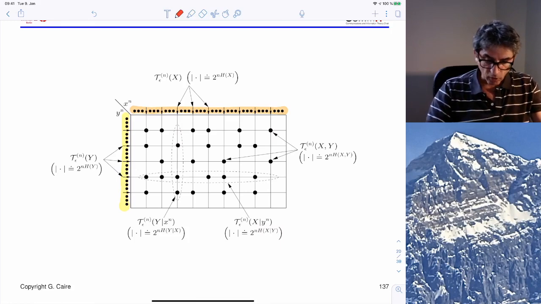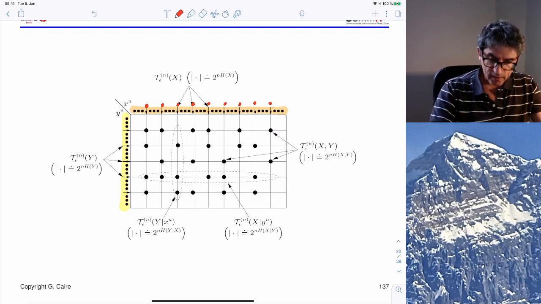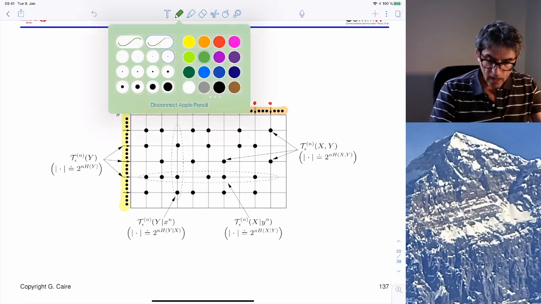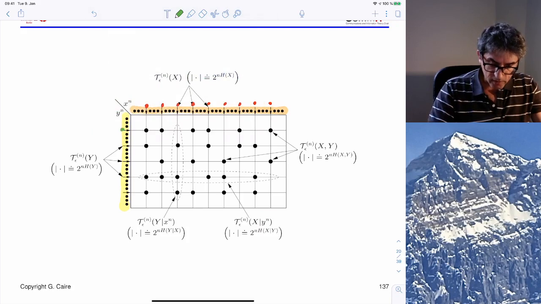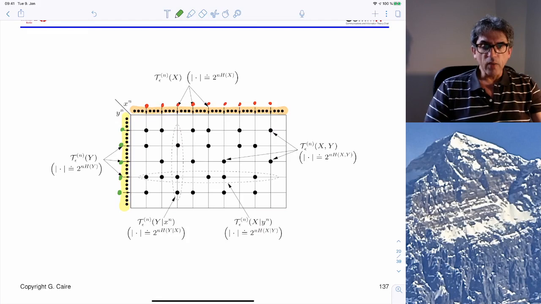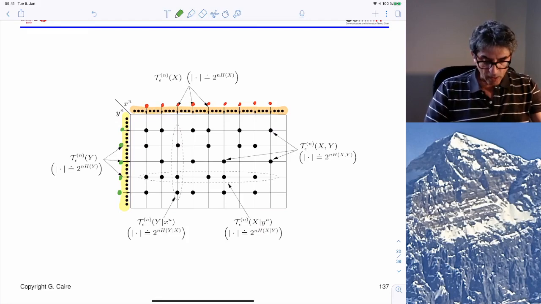We have seen before, we indicate them with these arrows. Some of the sequences, in fact an exponentially smaller set of cardinality 2 to the n times the entropy, are individually typical with respect to the marginal distribution P_X, and some of the sequences y that I indicate here are individually typical with respect to the marginal distribution P_Y, and those are 2 to the n times the entropy of y.